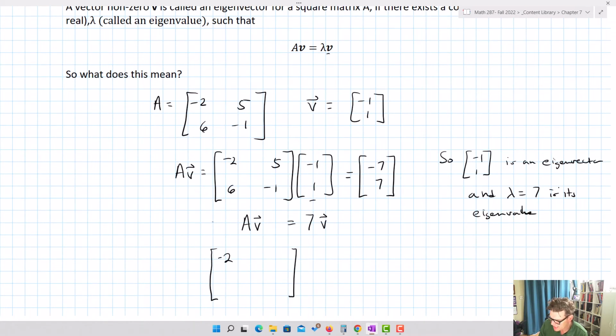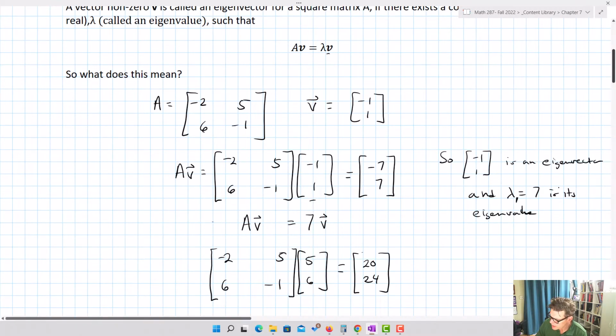So for example, if I take [-2, 5; 6, -1], and I'll call the first eigenvalue lambda 1, times V now being [5, 6], and you do the multiplication, you end up with [20, 24].